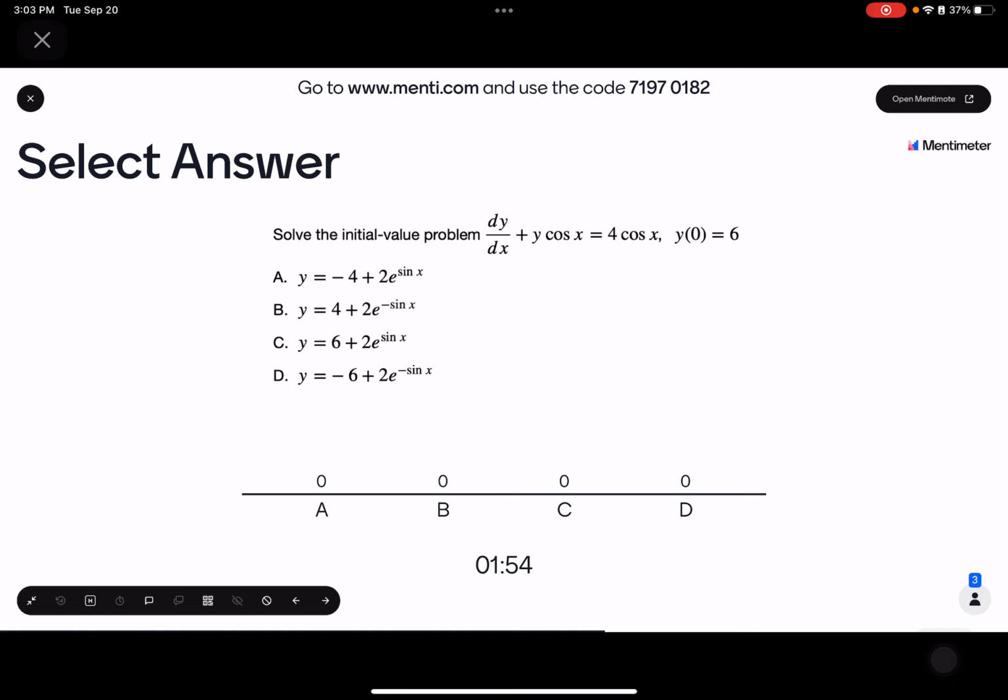If I get a test with options, then I try from the options.